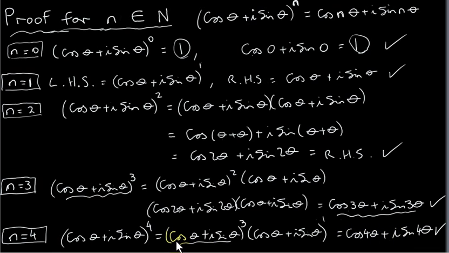So you can see it's fairly obvious what's going to happen for n equals 5. (Cos theta plus i sine theta) to the power of 5 is just (cos theta plus i sine theta) to the power of 4, which is this here, multiplied by cos theta plus i sine theta. So we'd end up getting cos of 4 theta plus theta, or cos of 5 theta plus i sine of 5 theta.